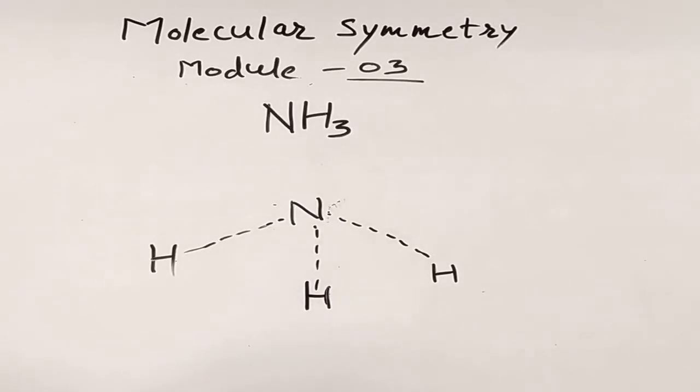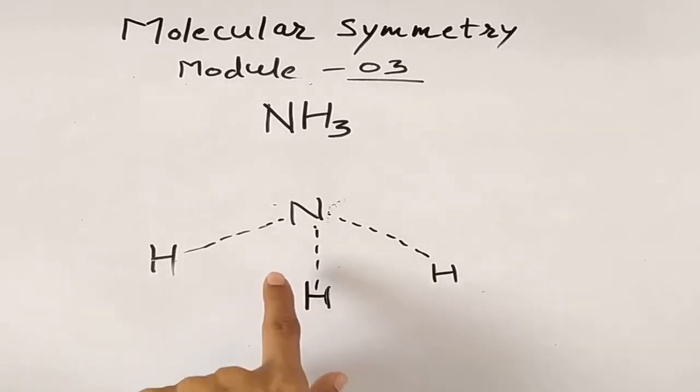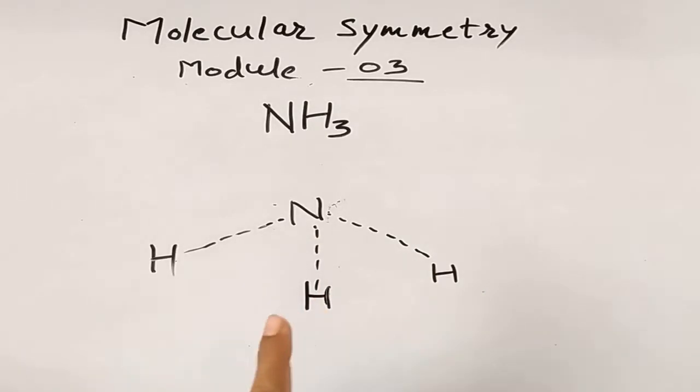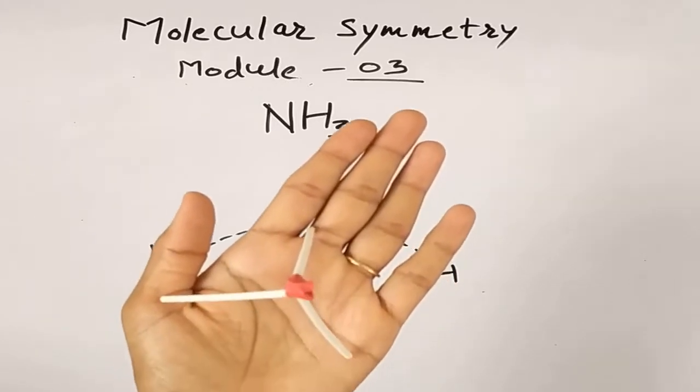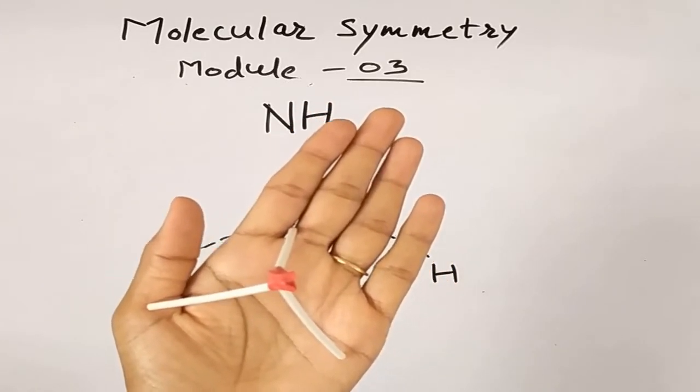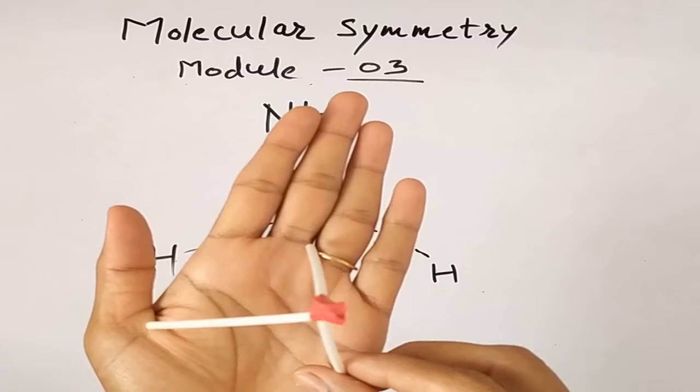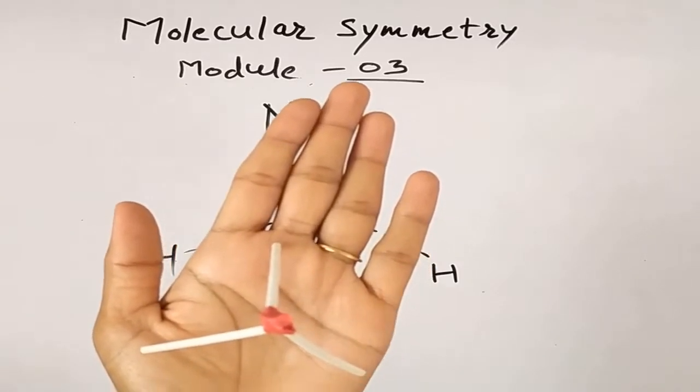Now we have to find out the rotational axis or principal axis, and any subsidiary axis if it has any. In order to explain the rotations present in ammonia, we will be using this stick model. I have tried to make this model.